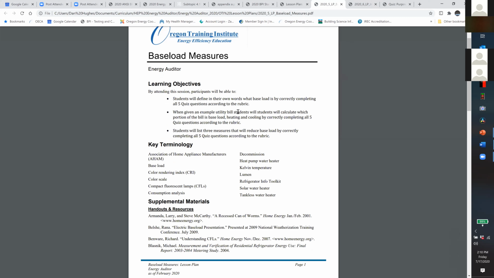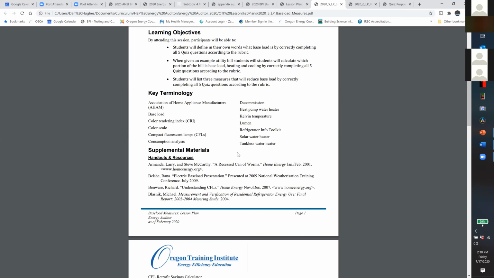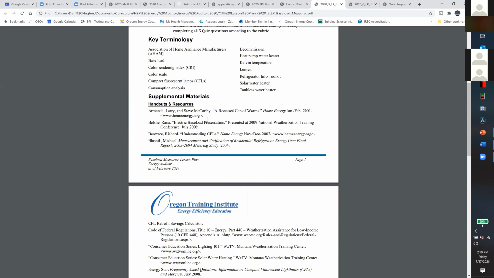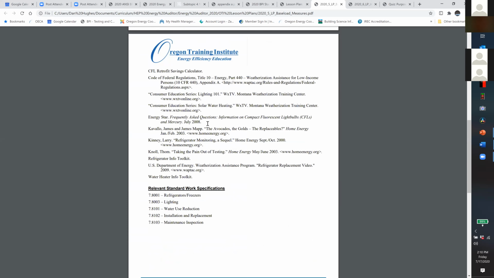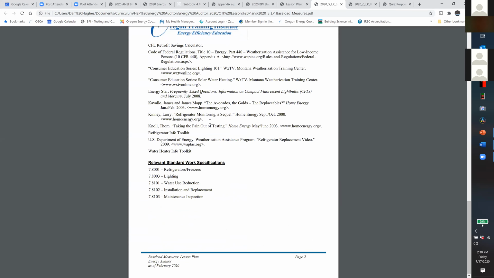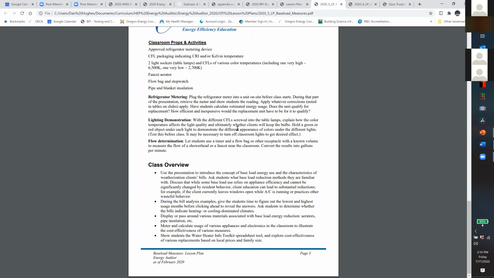The base load section is not too lengthy, but there are some things we're going to be covering about calculating base load, what kind of measures save on the base load, as well as reviewing what the base load definition is. Just a few key terms, lots and lots of supplemental links and reference information, all in your lesson plan.